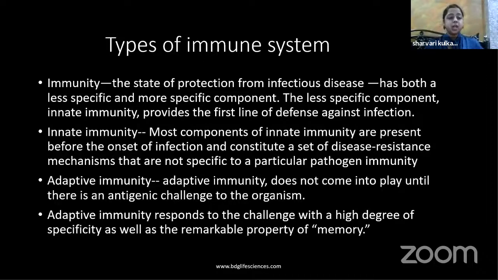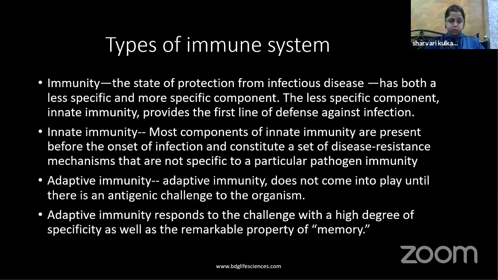The less specific component, that is innate immunity, provides the first line of defense against infection. Most of the components of innate immunity are present before the onset of infection, and they constitute a set of disease-resistant mechanisms that are not specific to a particular antigen. But adaptive immunity does not come into play unless and until there is an antigenic challenge to the organism.